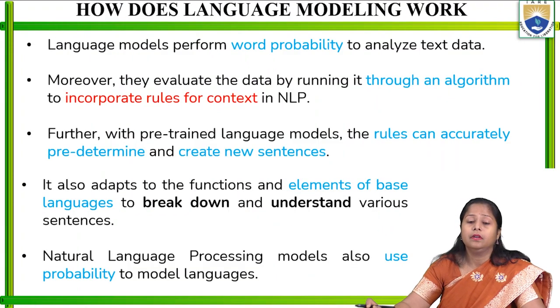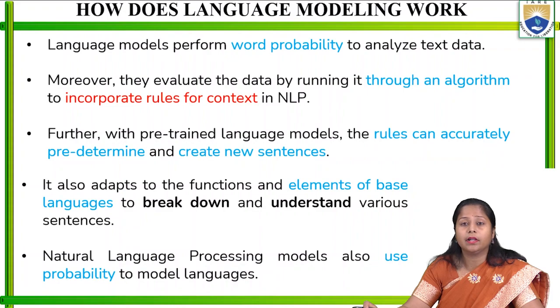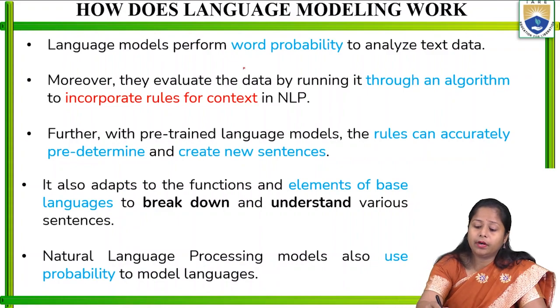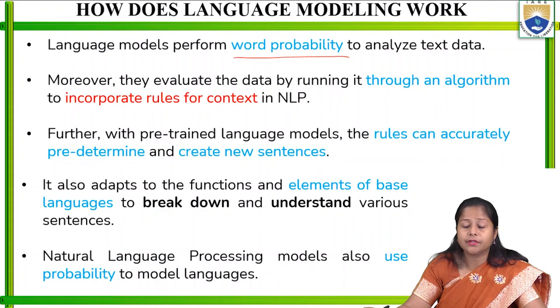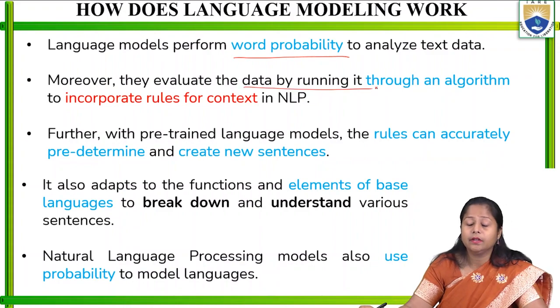Now we will see how language modeling actually works in real time. A language model performs word probability, analyzing the text data. Moreover, it evaluates the data by running it through an algorithm. Then it incorporates the rules for context in NLP.